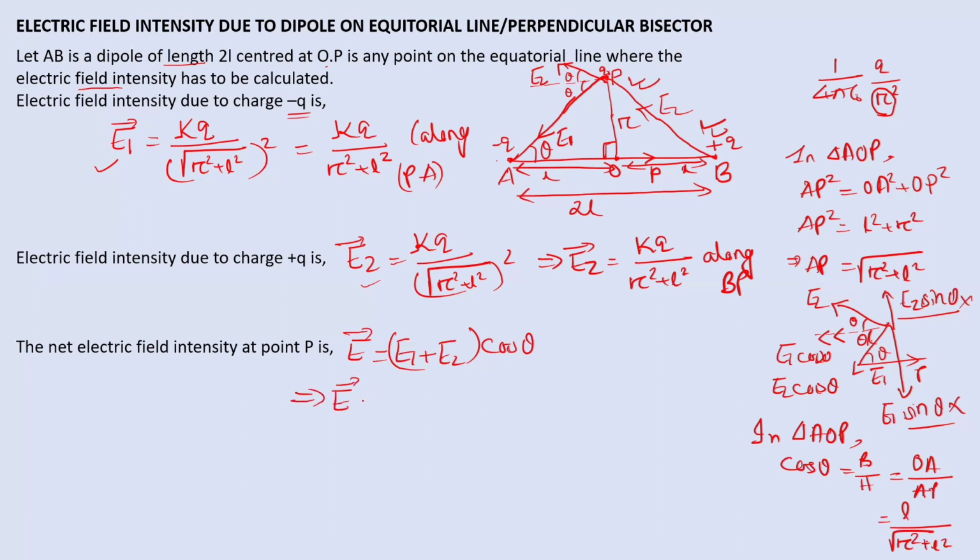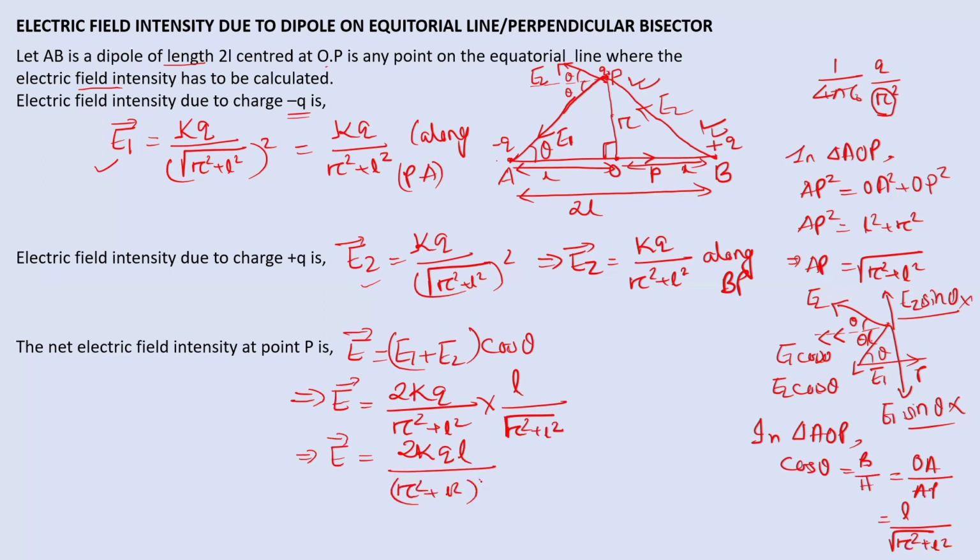The same thing will be there. So E equals, if you see both the values, KQ by R square plus L square, KQ by R square plus L square. When you add, you can directly write 2KQ by R square plus L square, multiplied with cos theta, that is L upon root over R square plus L square. So in this case, you can write E equals 2KQL by R square plus L square whole to the power 3 by 2.